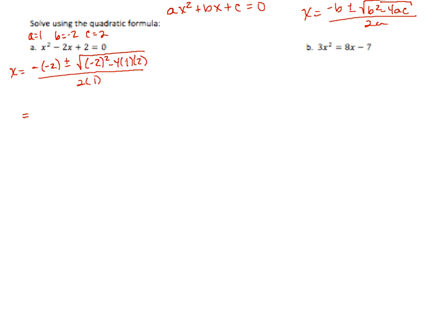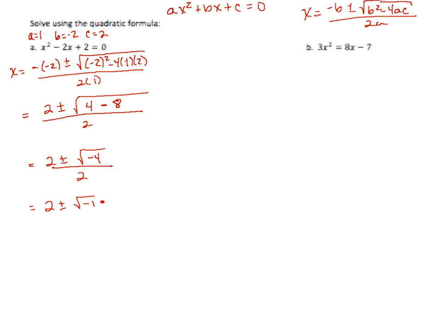So starting to simplify, 2 plus or minus the square root of 4 minus 8 over 2. That's 2 plus or minus the square root of -4 over 2, which is 2 plus or minus the square root of -1 times the square root of 4 over 2. I can take the square root of -1 and get i. Square root of 4 is 2.